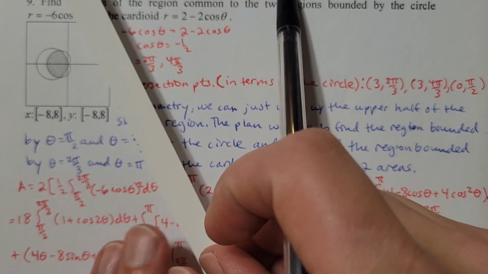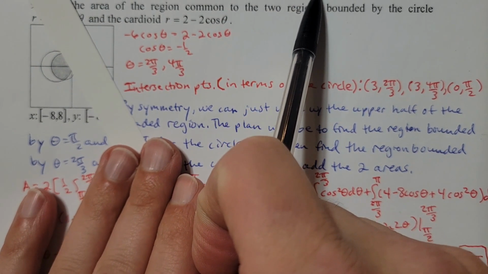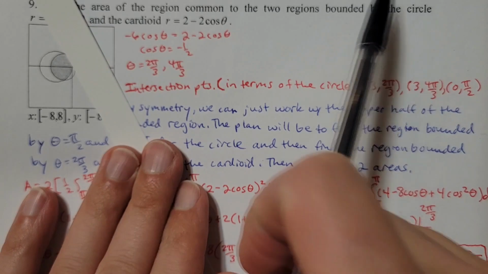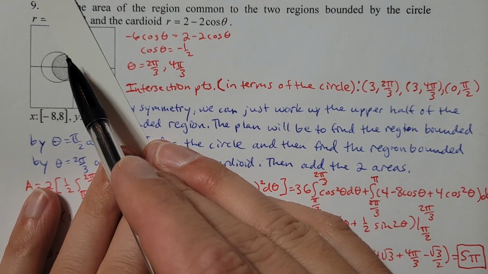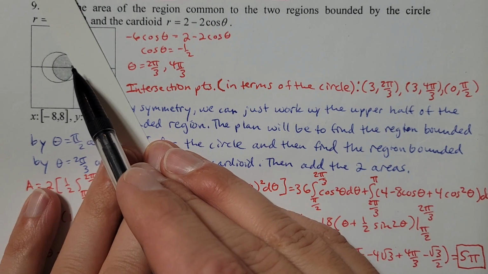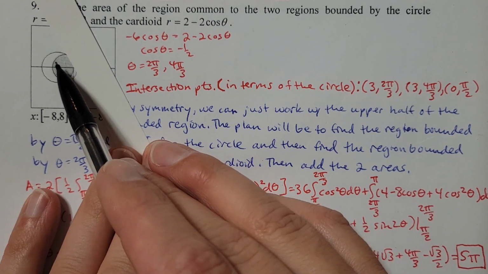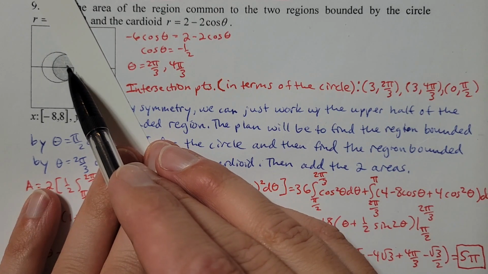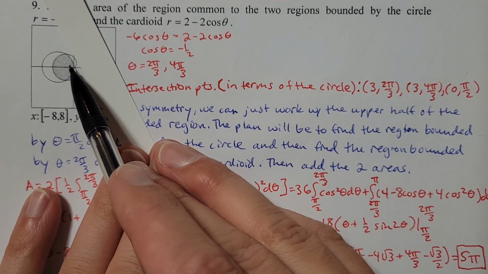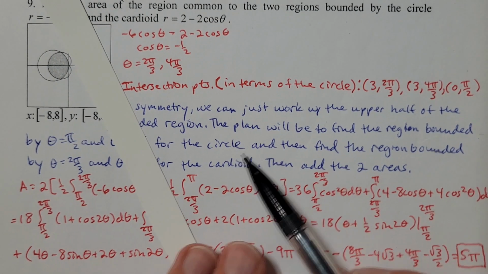Now the rest of this is going to be the cardioid there. So I'm picking up from 2 pi over 3, and I'm going to end at pi. And so I'll find that little sliver of area there. And then whatever the total area is of these two regions, this one and that other one there, I'll double that to get my total answer.